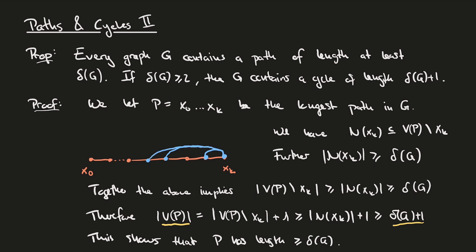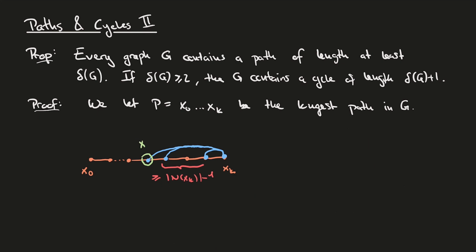We now look at the neighbor of xk that has the smallest index. So that's the neighbor of xk that's furthest to the left. Now, another way of saying this is that all neighbors of xk lie to the right of this neighbor with the lowest index. Thus, in the section of the path between the neighbor of lowest index, which I've indicated in green, and xk, we have at least the cardinality of the neighborhood of xk minus 1 vertices.